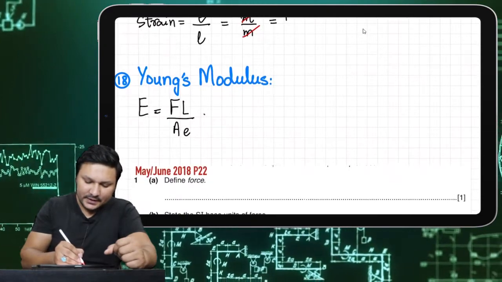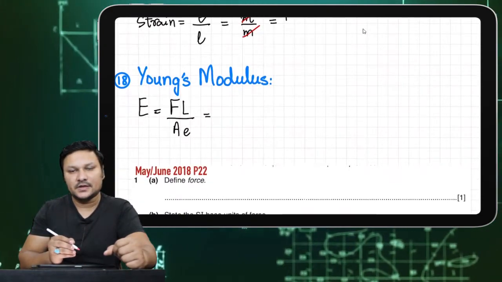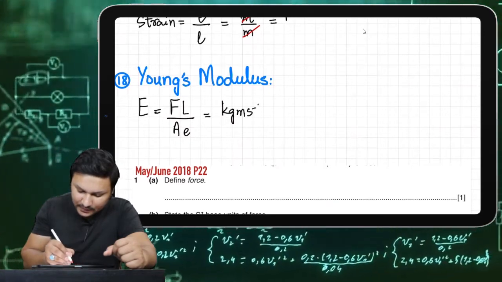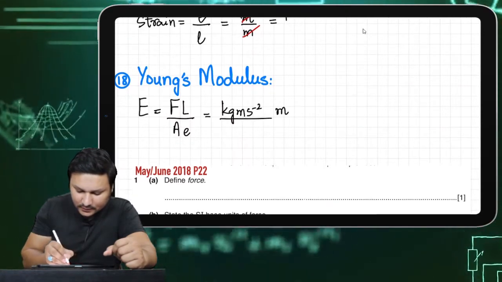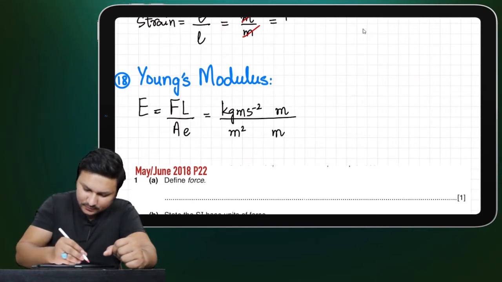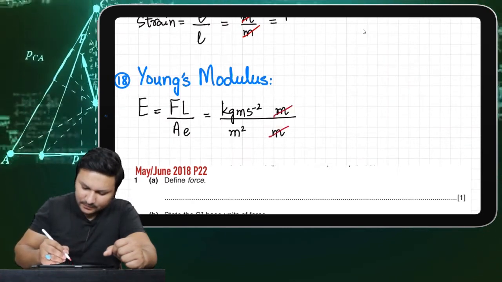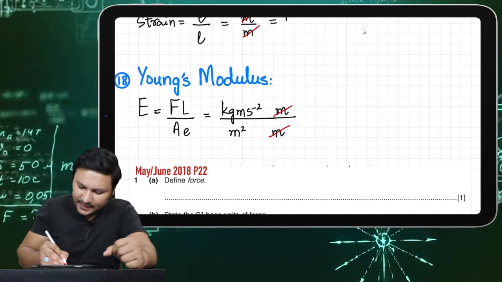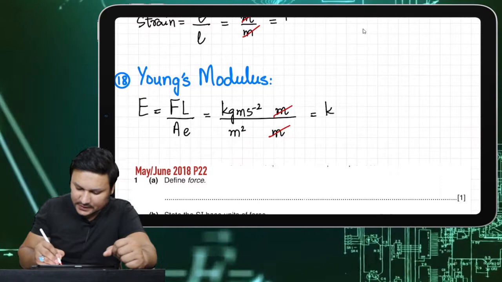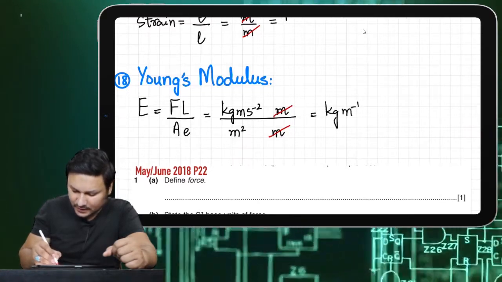And lastly, the formula for Young modulus is FL upon AE. That means force, length, area, extension. And it will have the same base unit as pressure or stress, kg m minus 1 s minus 2.